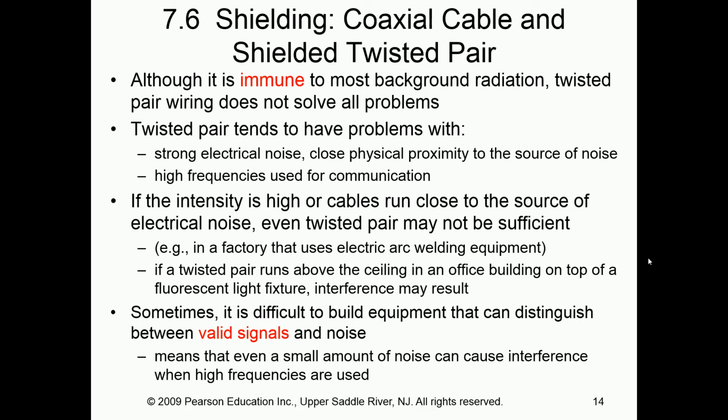If the intensity of the noise is too high, or if the cable is too close to other sources of noise, the twisting may not be enough. That is actually why we have shielded twisted pair. Just in case the typical twist is not good enough, we have an additional step that we can do.